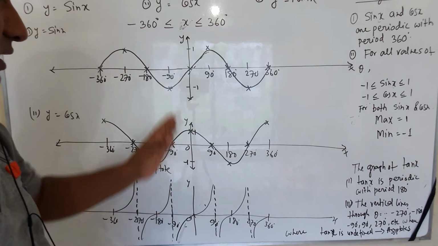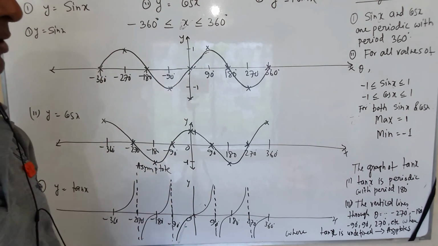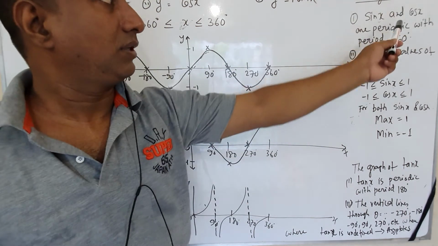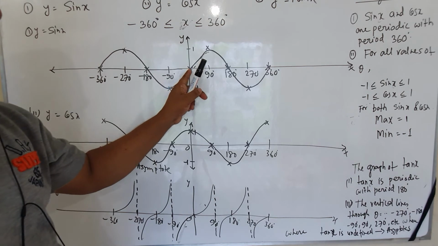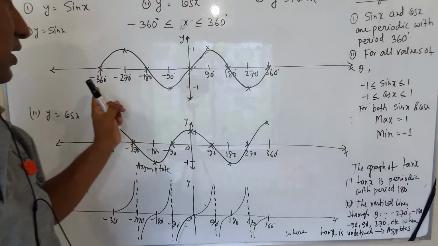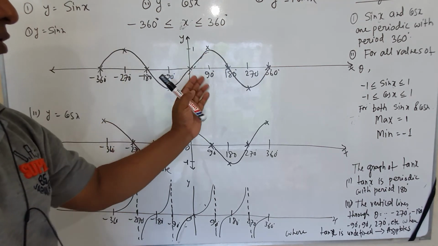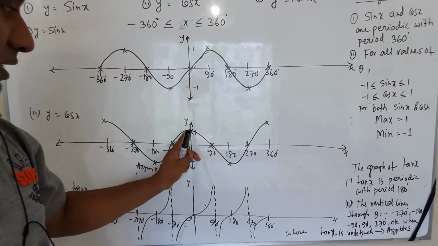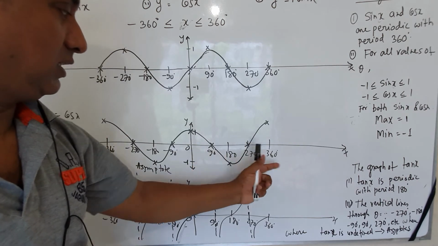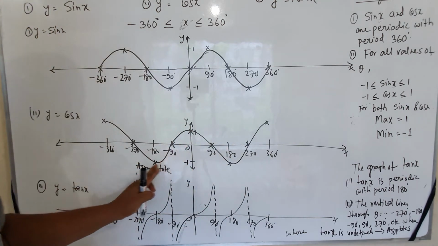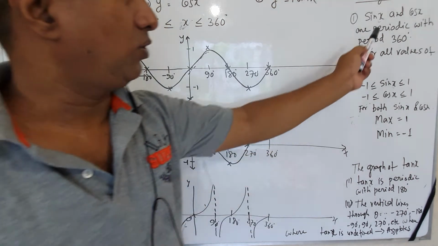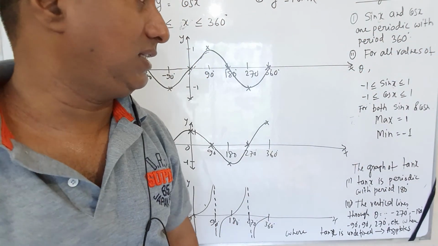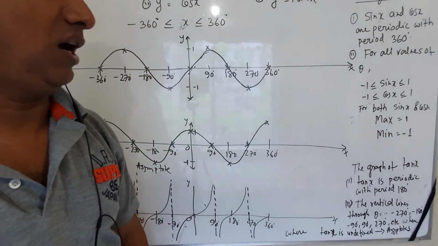Now let us see some characteristics from these graphs. See this one, and this is the complete thing again here. This one is 0 to 360, same as this one, also 0 to 360. So sin x and cos x are periodic with period 360, that is, they repeat after every 360.